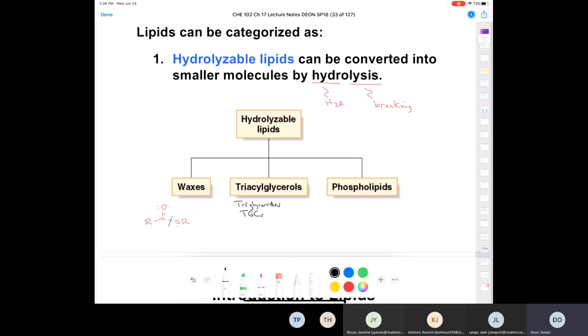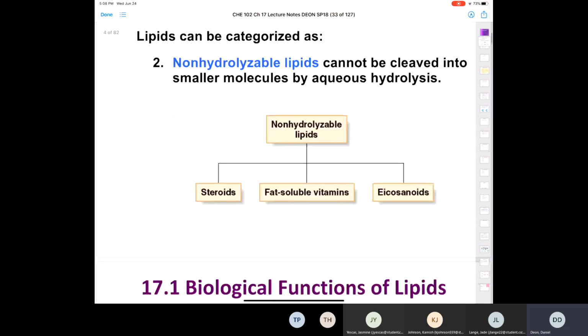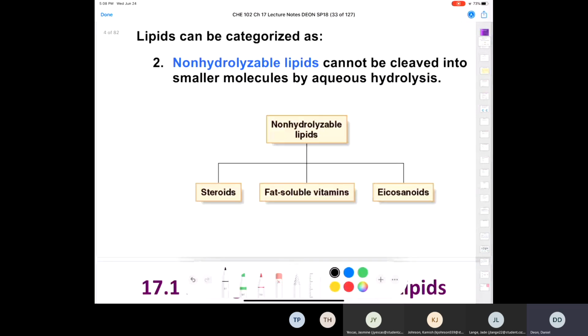I'm not saying that every one of these are esters. All I'm saying is that we will see ester functional groups that are hydrolyzable in waxes, triglycerides and what are known as phospholipids. The next one is we can categorize lipids as being non-hydrolyzable, and that means they cannot be cleaved by aqueous hydrolysis.